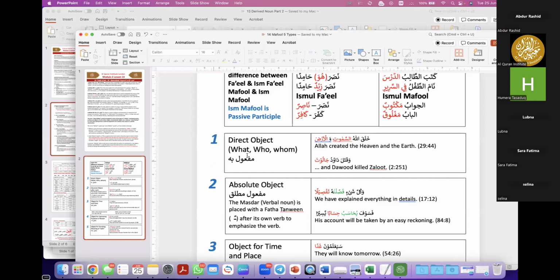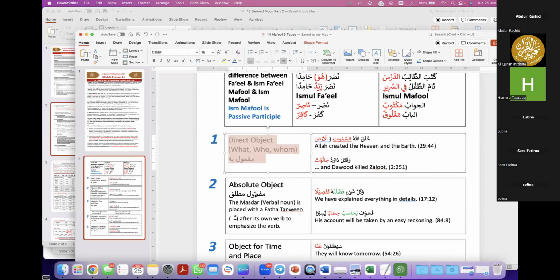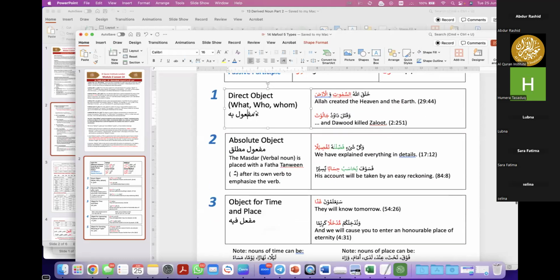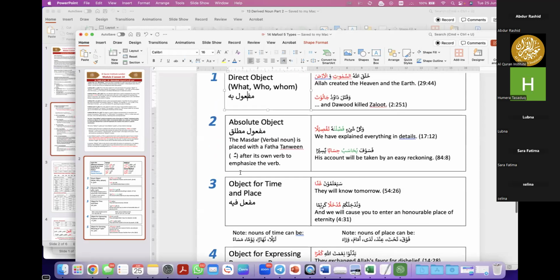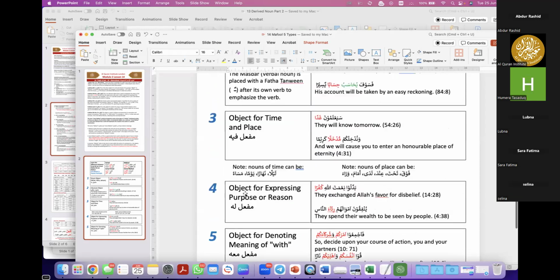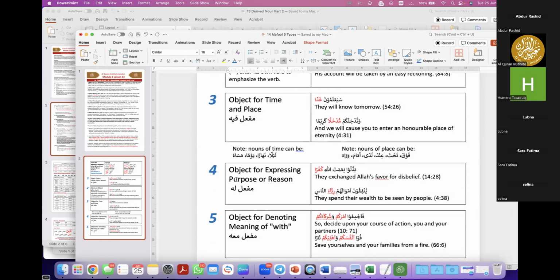which is the object. So far, we have talked about direct object, which is maf'ul bihi. There are 4 other types of maf'ul which we have studied, but they do not answer what, who, whom. This is emphasis. This is place and time. This is maf'ul lahu, expressing purpose or reason.